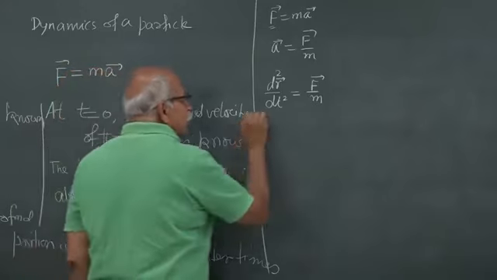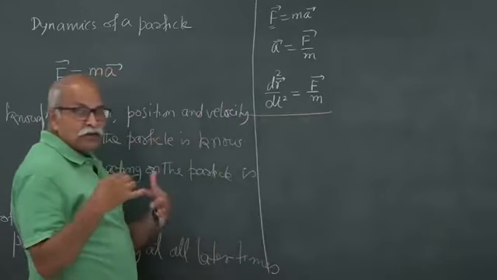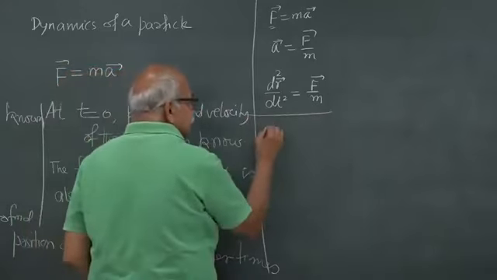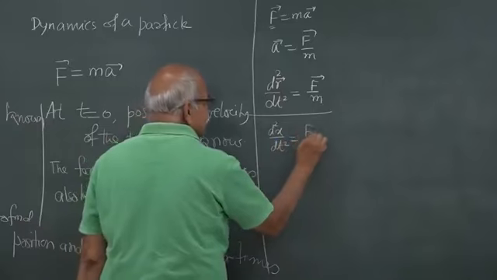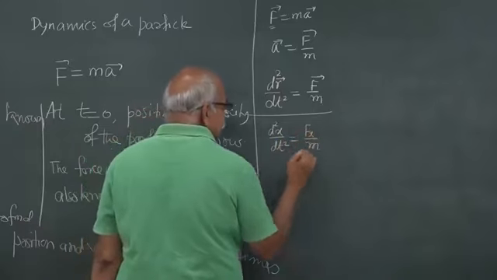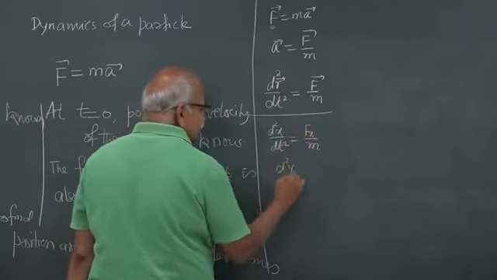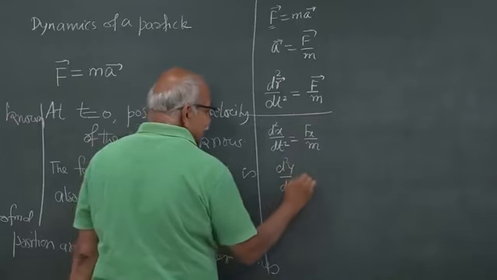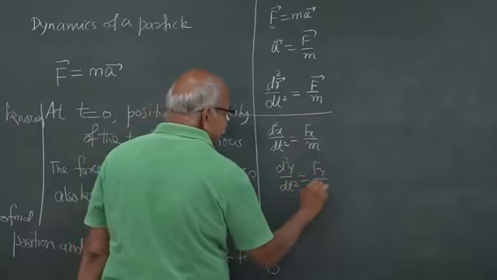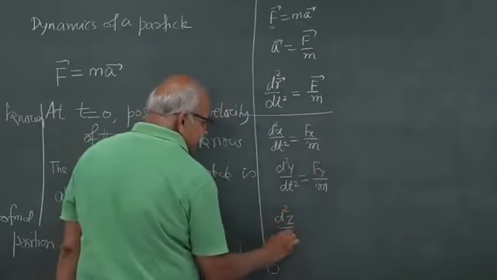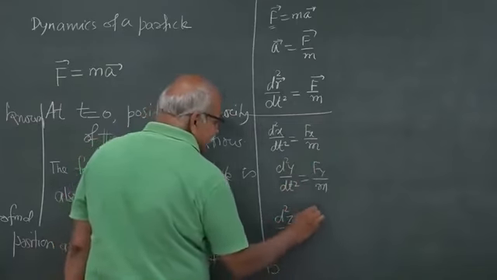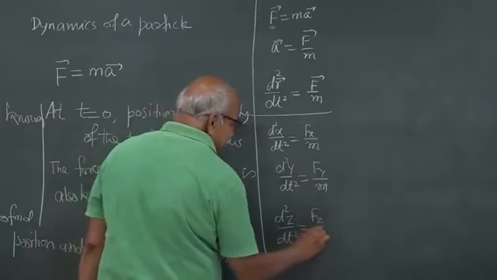If you write in the Cartesian component form, you have three equations: d2x dt square is equal to Fx by m, d2y dt square is Fy by m, and d2z dt square is equal to Fz by m.